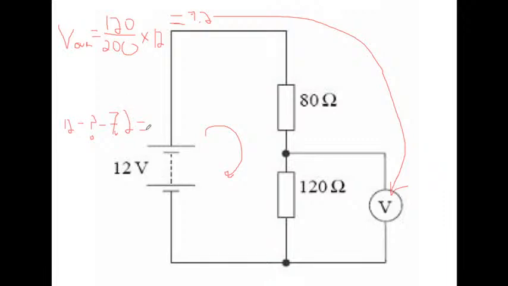Right. So we get 4.8. Right. So when this equals 0, our question mark or our unknown potential difference across this resistor becomes 4.8 volts. And we would just use that in there.